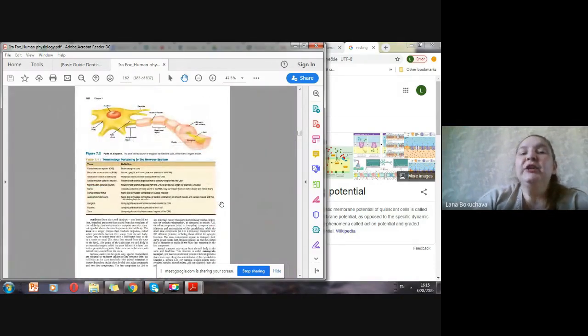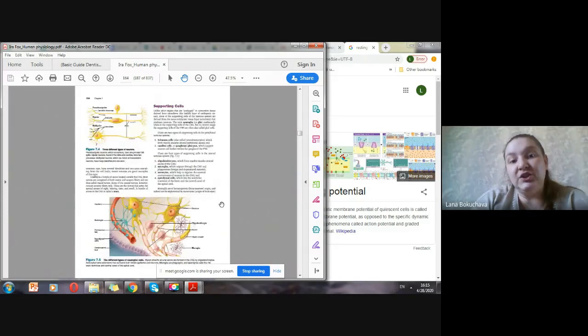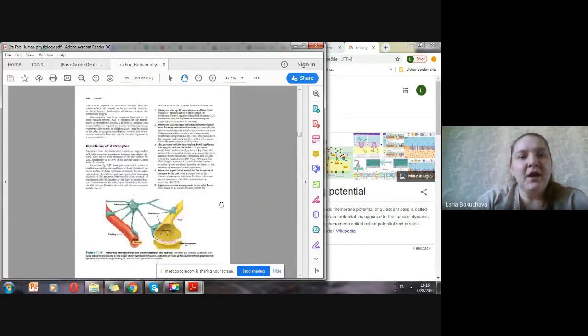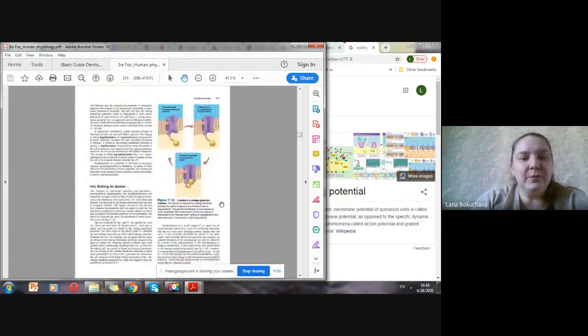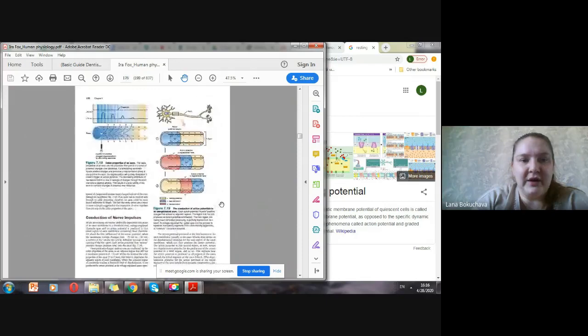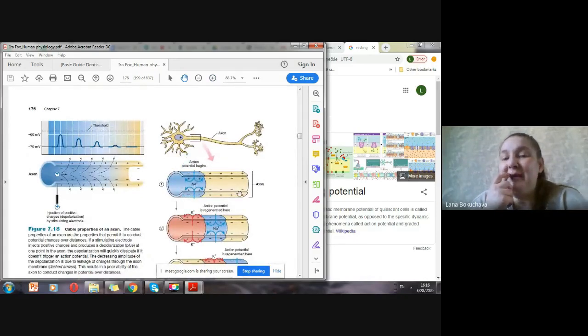Here is a good example of the resting potential and action potential in the case of the nervous tissue, but the same happens in the case of the muscles too, you know? So what is the most important part here? Let me show you just to make you understand what I mean. Yes, here it is. Look, in the part of the plasma membrane, this is the axon with the plasma membrane.